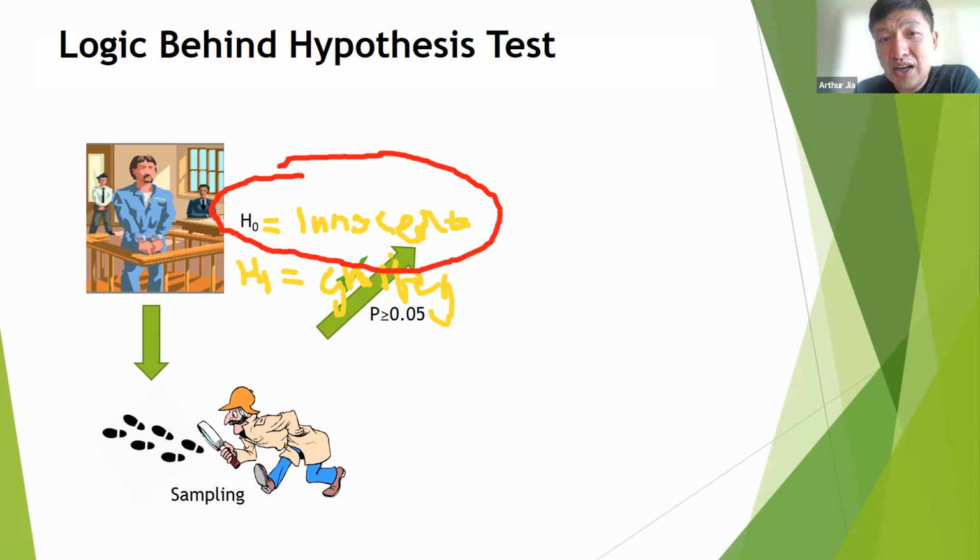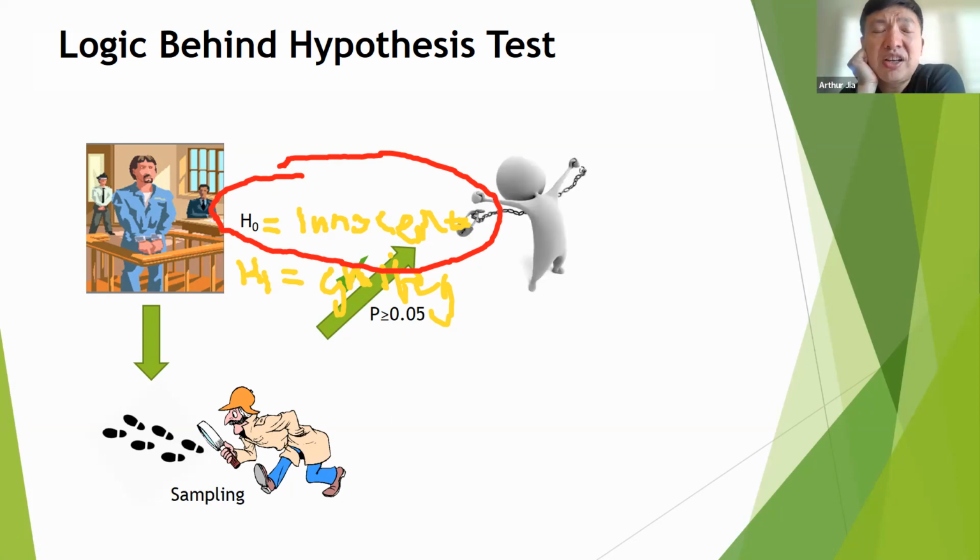If the p-value, so we're going to talk about this, if the p-value is large, greater than 0.05, which means like your test statistic falls into the region in the middle, right? The null distribution. Then we believe we accept the null hypothesis. And we believe this guy is innocent, so we set him free.